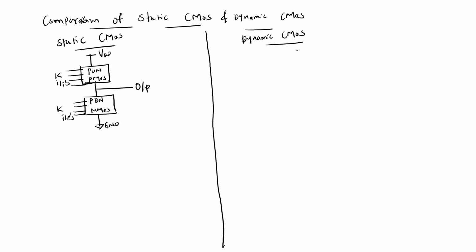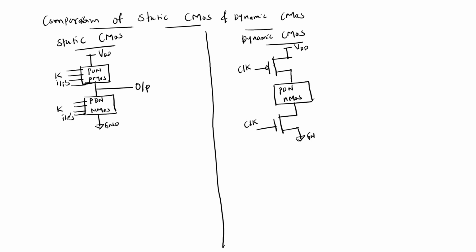Now the dynamic CMOS: you have one PMOS, and you are giving a gated clock for it, and this is VDD. Next you have the pull down network as NMOS, and then one more NMOS, for which you are giving the gated clock, and here this is ground.